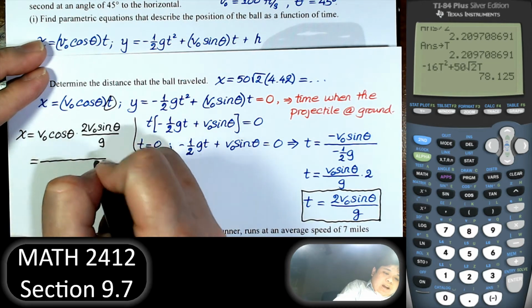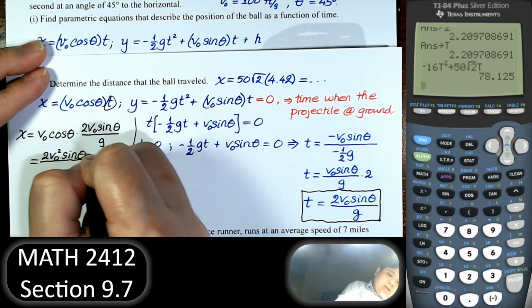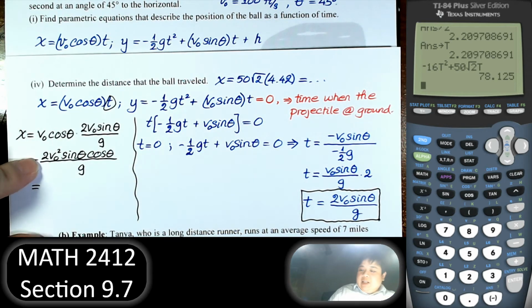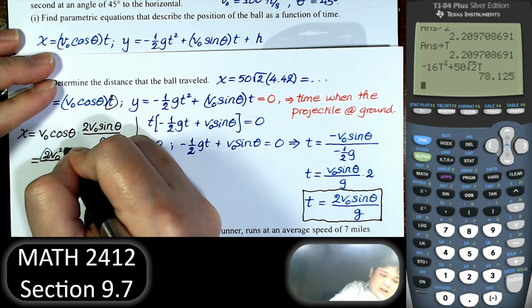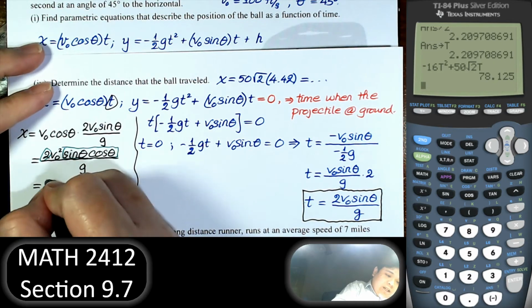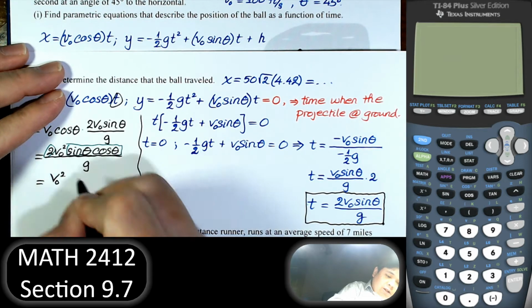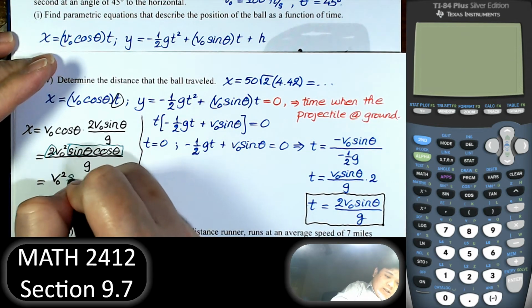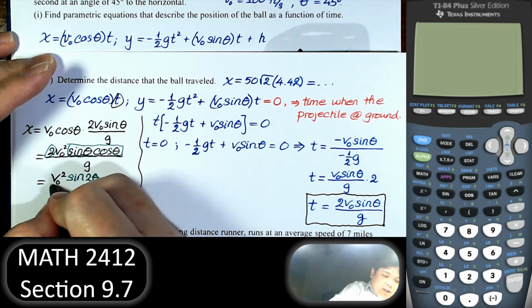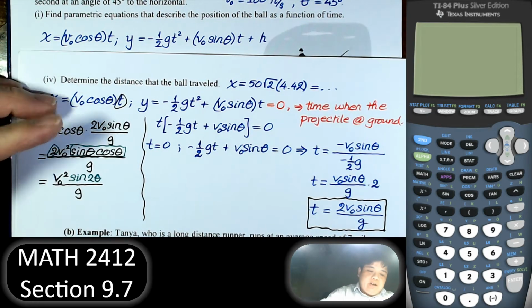Combining the top, we have 2 v naught squared sine and cosine over g, and 2 sine cosine gives us sine of 2 theta. So x equals v naught squared sine of 2 theta divided by g. This is called the range formula.